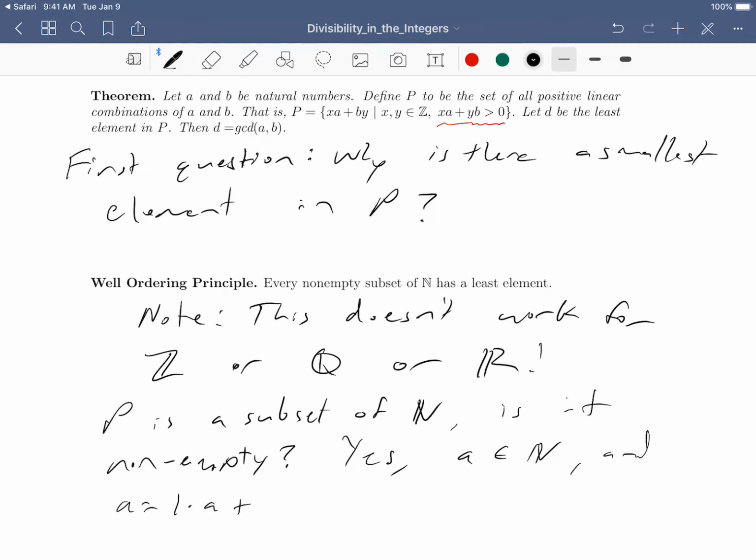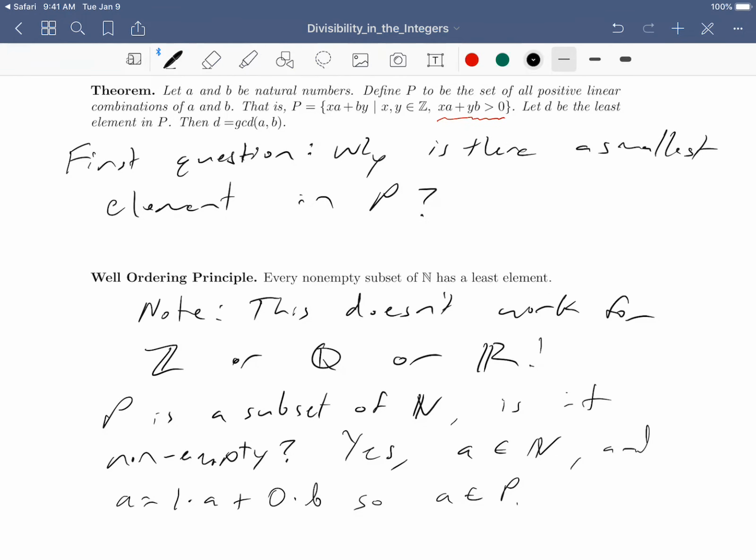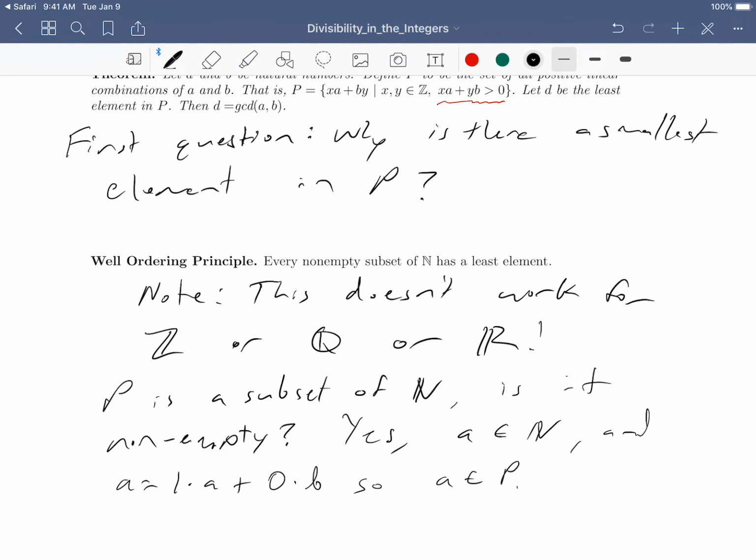It's xa plus y times b, where x is 1 and the y, nope, I wrote that wrong. The y is 0 times b, right? So a is in P, and so P is not empty. We need to check that it's not empty, because if it was empty, we wouldn't have this least element D. But this is just a quick check that P is not empty, so it's going to have a smallest element because it's a subset of the natural numbers.